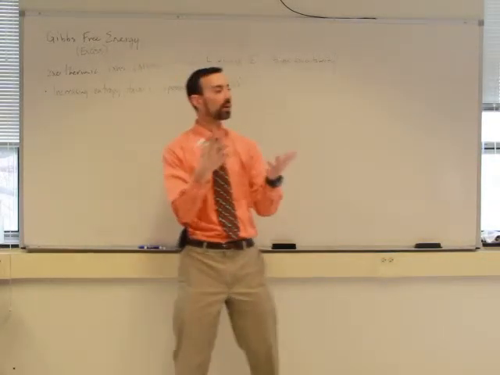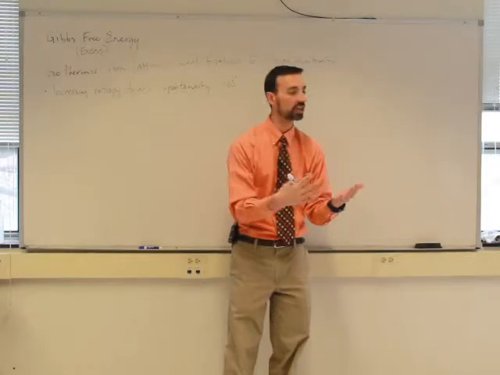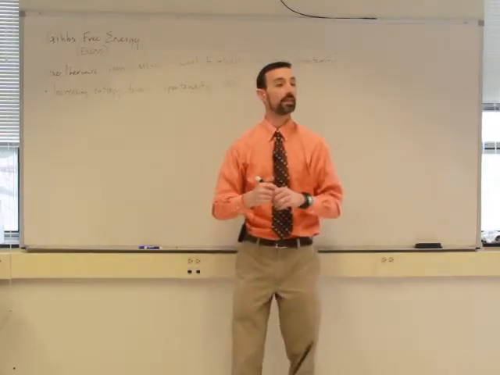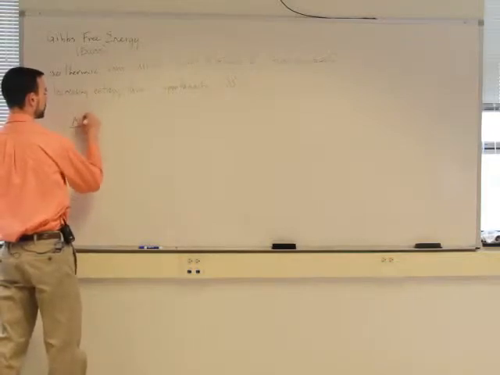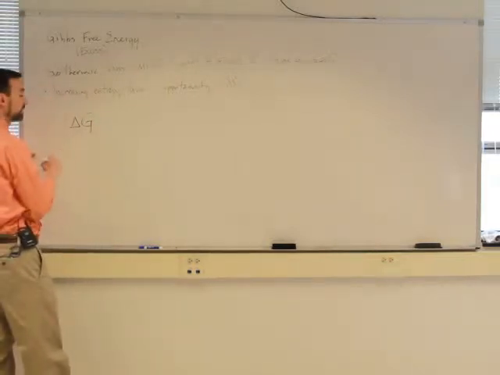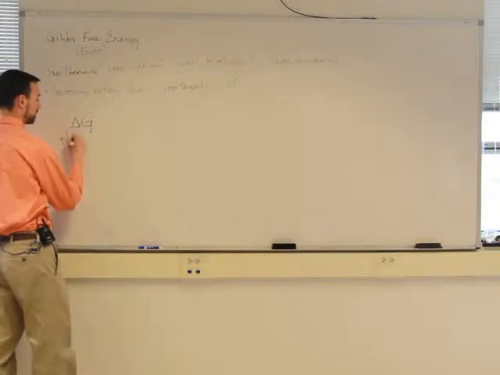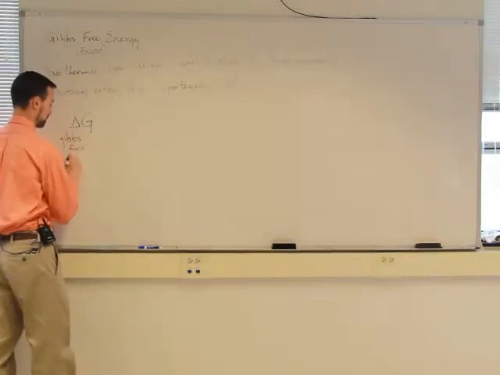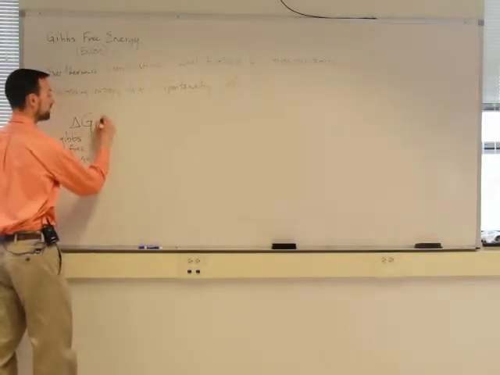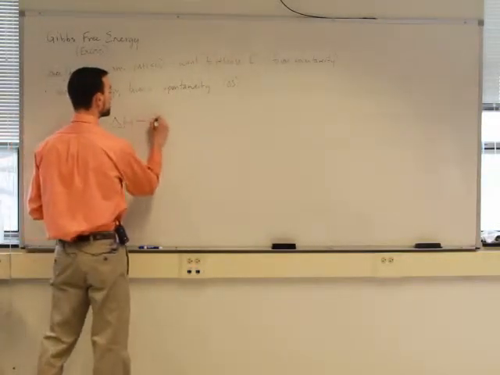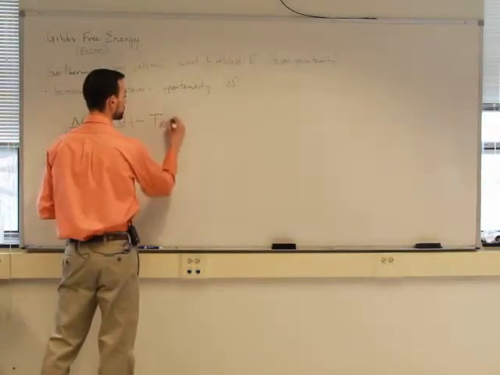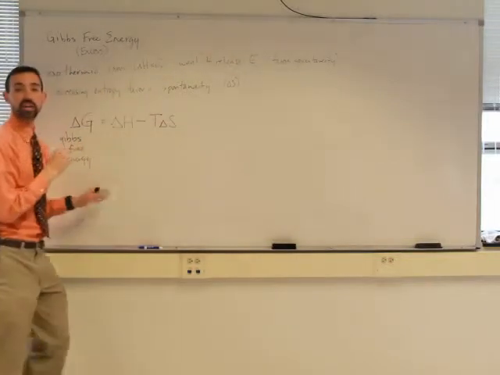So we have to figure out how do we put these two against each other, and it was Gibbs who did this. So the Gibbs free energy, the change in the Gibbs free energy, delta G, is the enthalpy change of a process minus temperature times the entropy change.